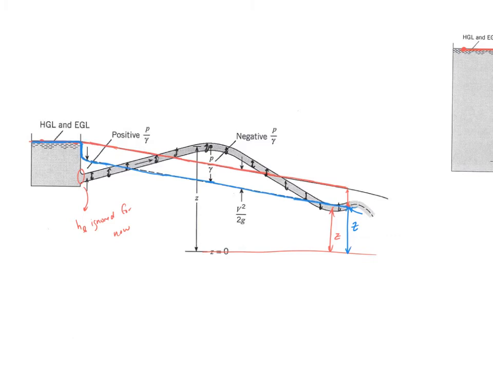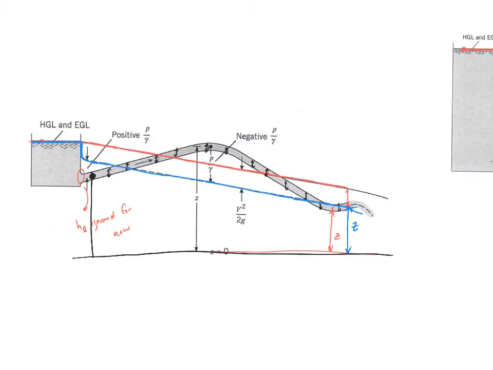Okay, so note, now this is where it gets a little bit fun, right? Our Z, let's see if we can draw this in black, is right here, to the middle of this pipe.